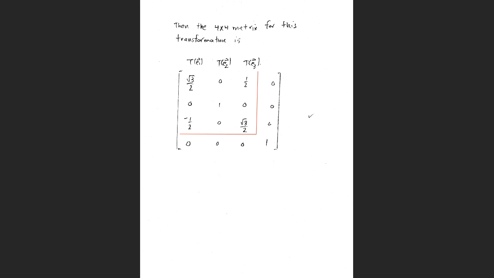And then these are your three transformed vectors. And on the rim, of course, it's just an extension of the 3x3 matrix.